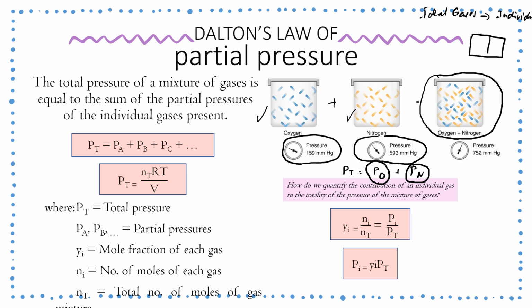Also, PT, the total pressure, is equal to the total number of moles times R times T over V, where PT is the total pressure, PA and PB are partial pressures, Yi is the mole fraction of each gas, Ni is the number of moles of each gas, and NT is the total number of moles of the mixture.